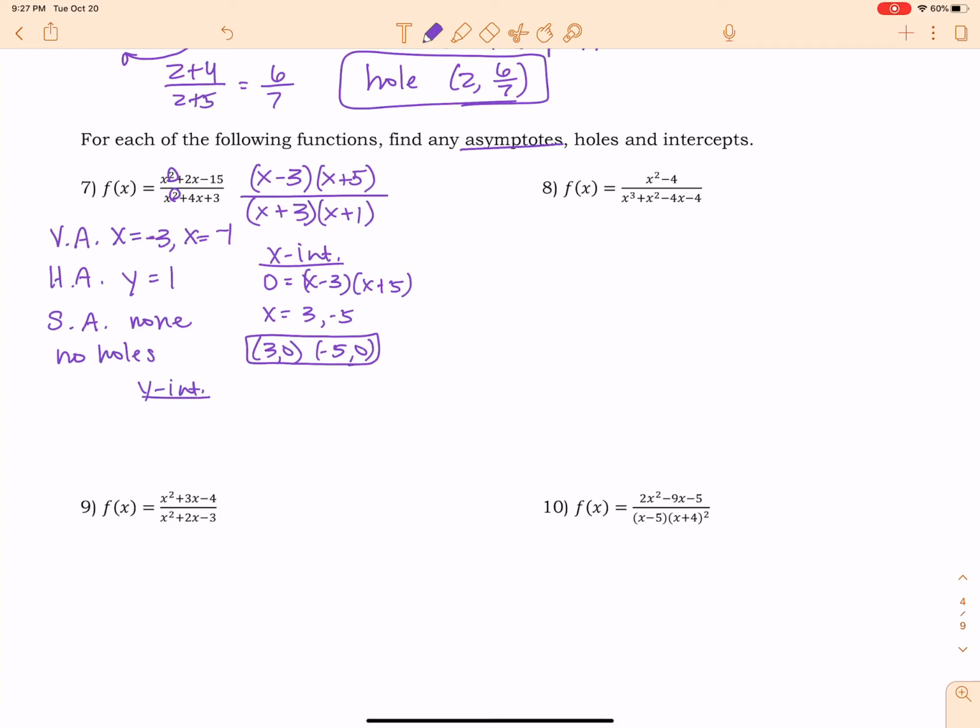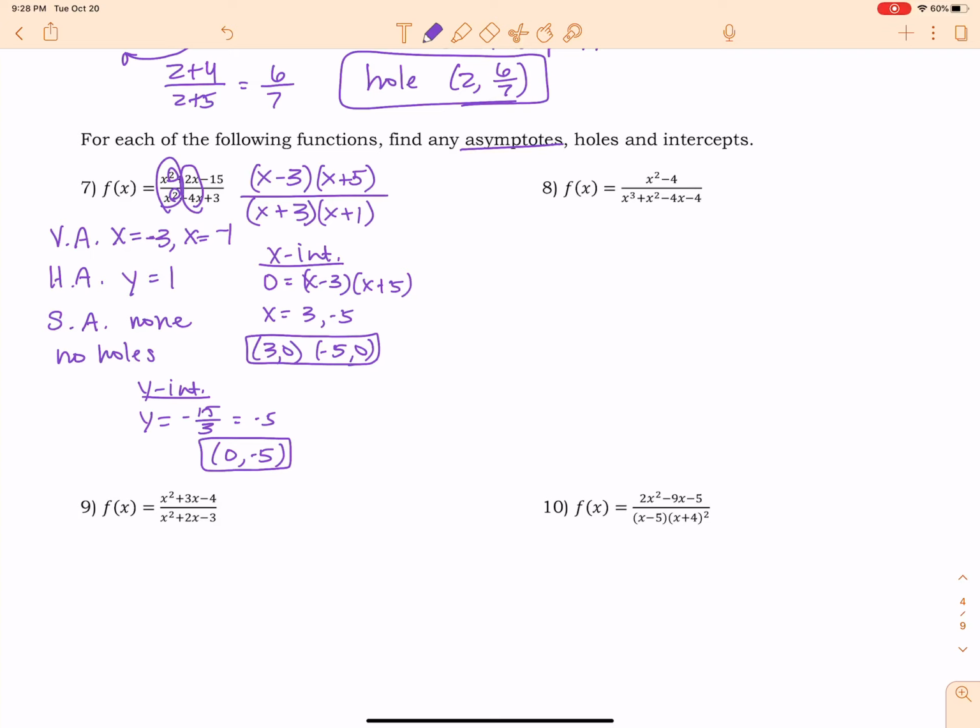Okay, my y-intercept is when x is 0. So if you'll notice your original function, these are zeros, so I basically have negative 15 over 3, which is negative 5. So 0, negative 5 is my y-intercept. Magic.